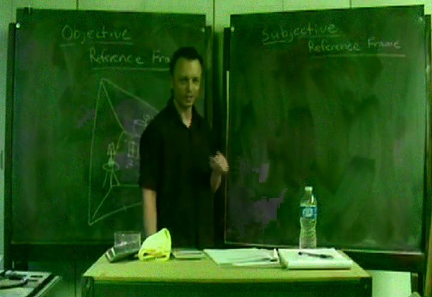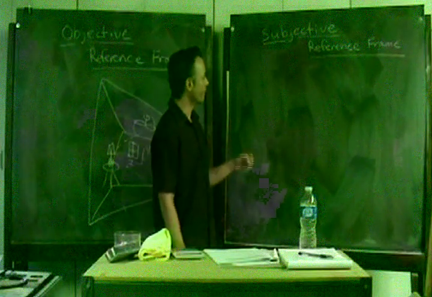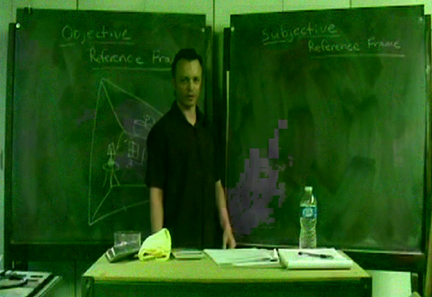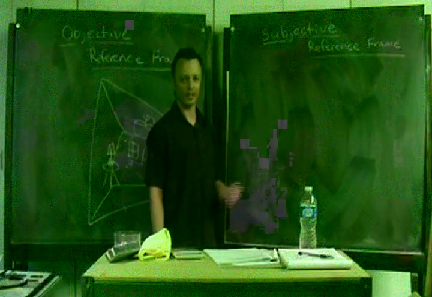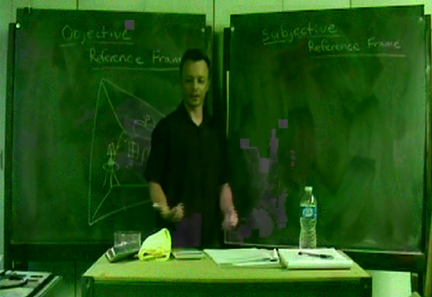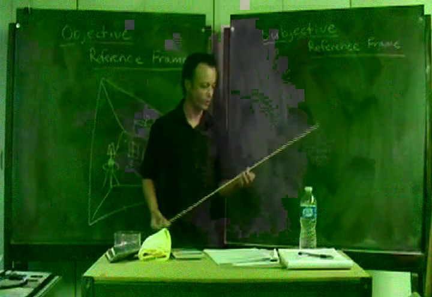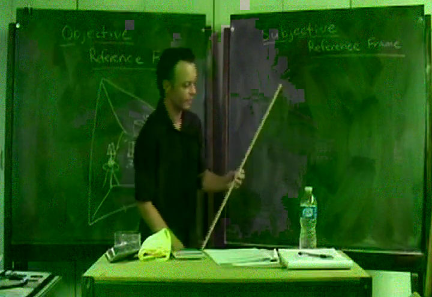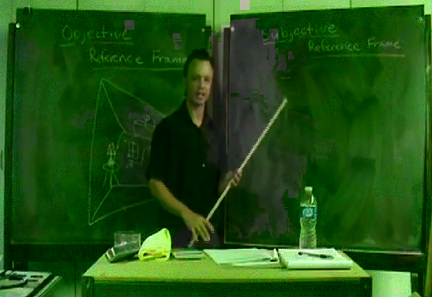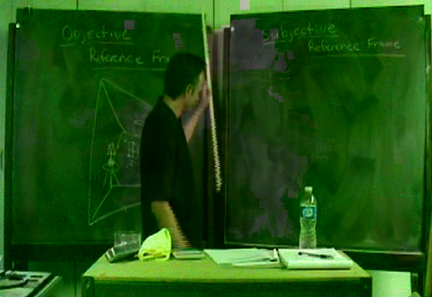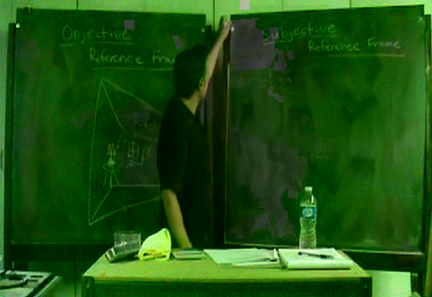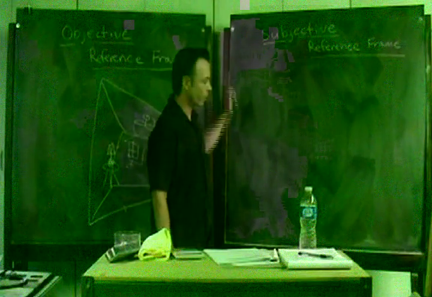However, don't get lost in the fact that though I'm drawing something on the board, I am trying to describe something that is non-physical. And the only things I have are physical measuring instruments like this measuring stick. And so though it may seem awkward to use a measuring stick to measure something that is immeasurable, it serves as an analogy to get our understanding of a concept such as non-physical down a little bit more. Okay.